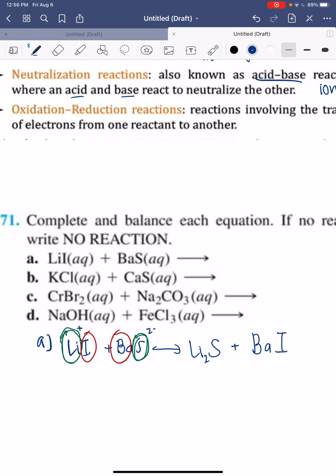We're not done with the charges yet. Barium has a 2+ charge since it's in the second group. Iodide has a -1 charge since it's in the halogens, I believe. It's in the noble gases, the very last group, so it always has a -1 charge. If we're dropping down the charges, iodine gets that 2+ charge from barium, and it's BaI2.